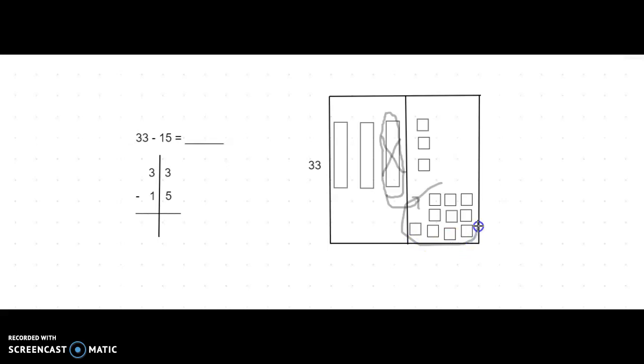So here is that group of 10 ones that I moved into the ones place so that I can take away 5.